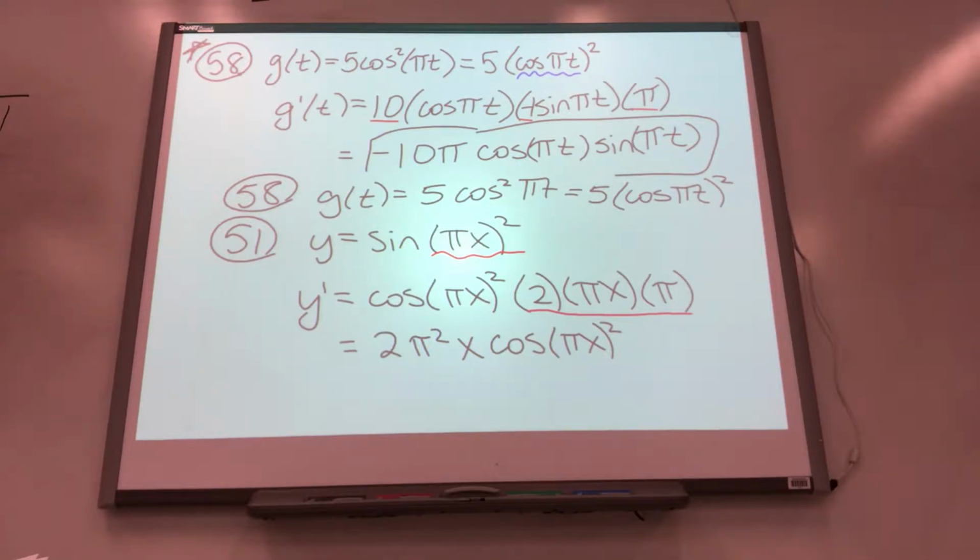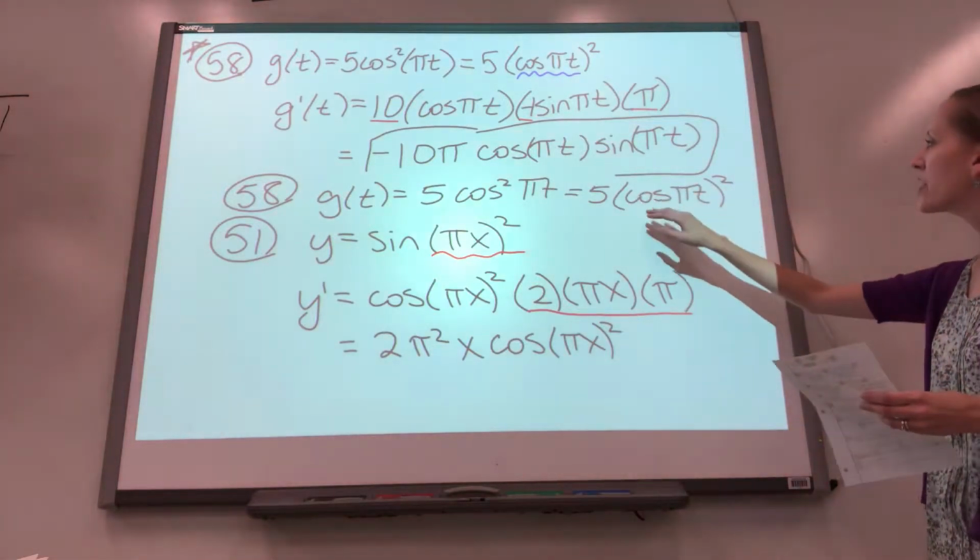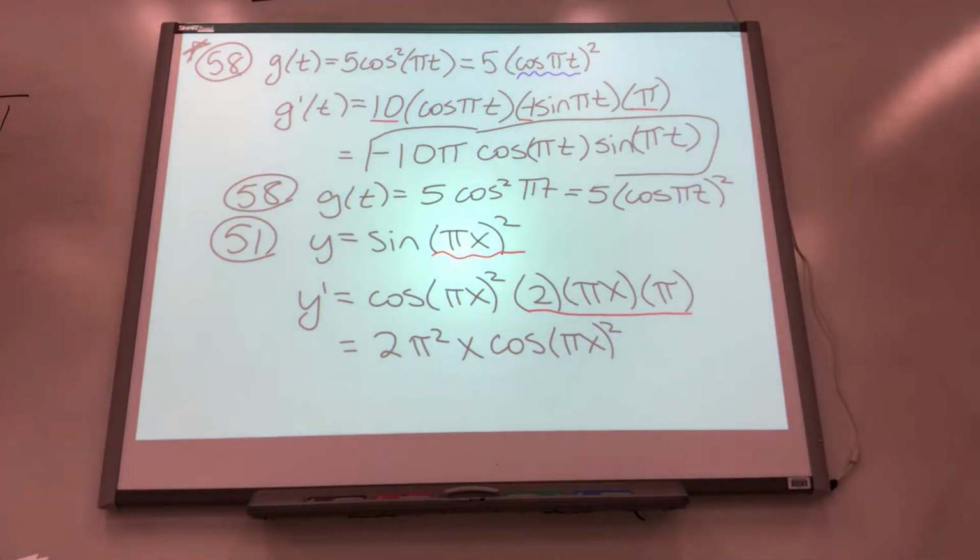57 ends up being 8 secant squared of x times tangent of x. So 57 is kind of like 58, where you had an entire trig function to a power. 59 is similar, an entire trig function to a power.